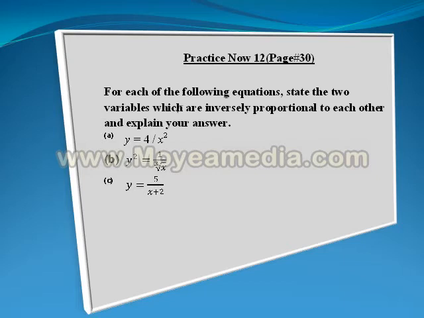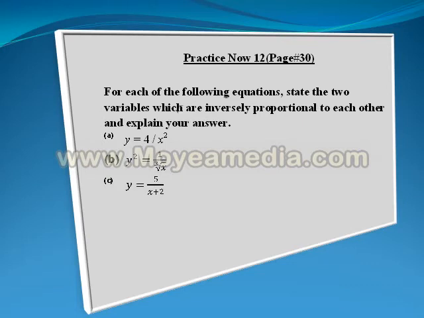You see, the first part is y is equal to 4 over x square. In all three parts, you can see powers are involved, and they are not the simple relationship which you have already studied in the simple inversely proportional relationship.